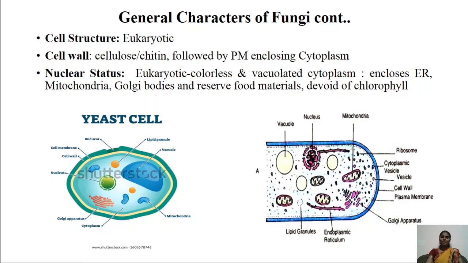The cytoplasm in turn encloses the nucleus and other membrane-bound organelles. The eukaryotic nucleus is floating inside the colorless vacuolated cytoplasm along with certain organelles like endoplasmic reticulum, mitochondria, Golgi apparatus, ribosomes, etc.